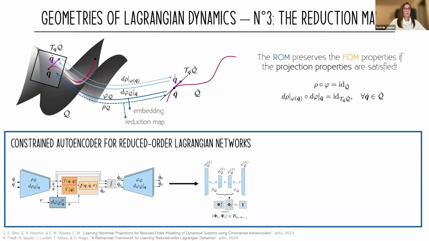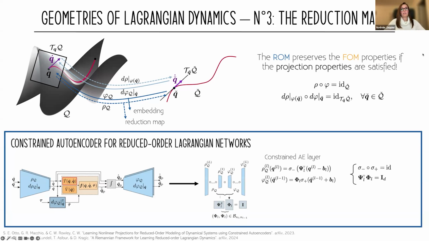To satisfy those projection properties, we need to have a constrained autoencoder. The idea is that each layer of the encoder is the left inverse of the corresponding decoder layer. For that, we have this type of layers that you see here. We have a bias term, which is the same for the encoder and the decoder layer.